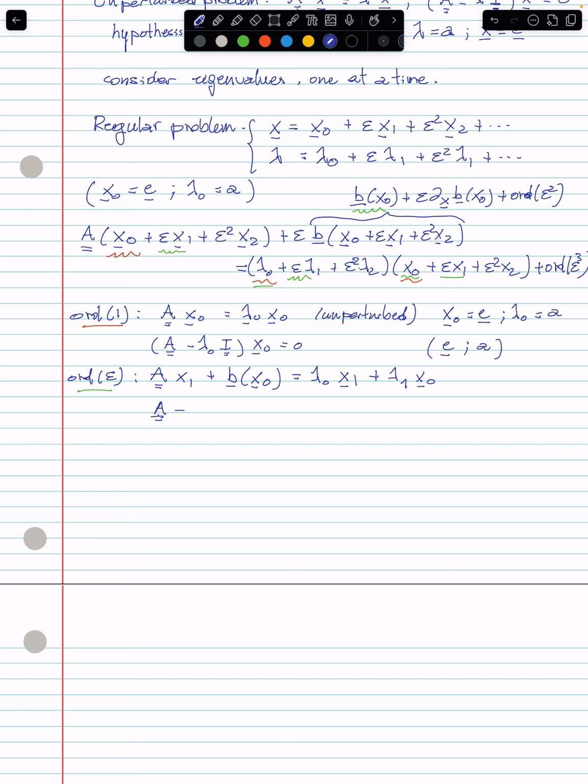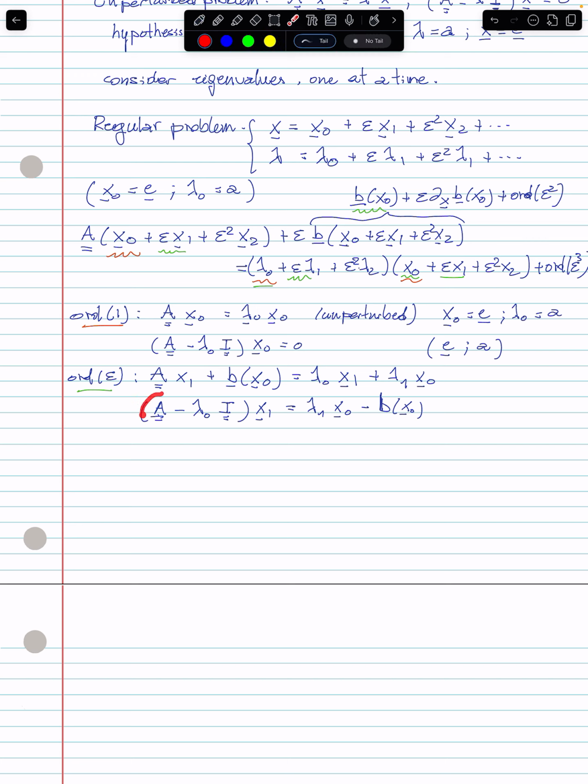We can do the same here: A minus lambda 0 I multiplied by x1 is equal to lambda 1 x0 minus b of x0. And so this is a problem. Well, maybe not a problem, because it's specific to an eigenvalue problem.